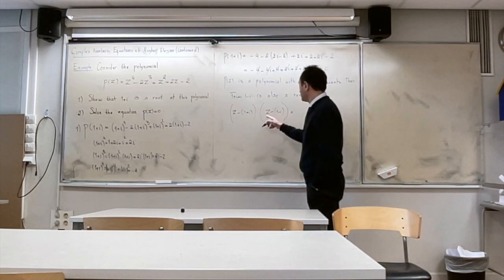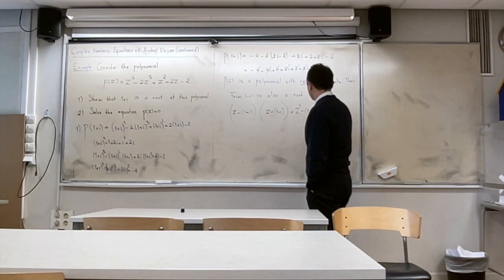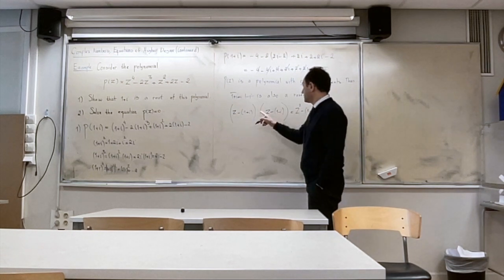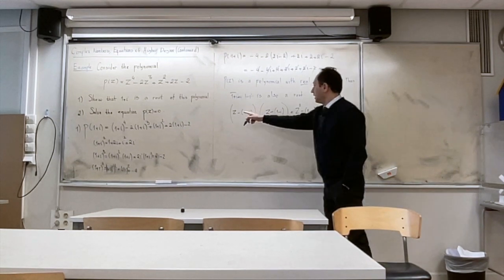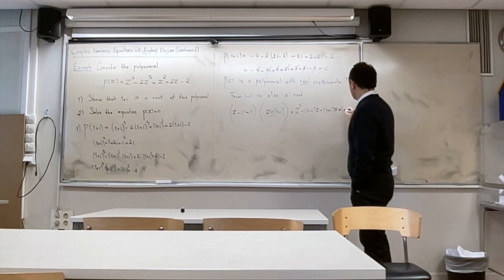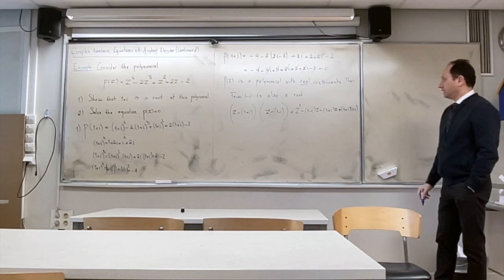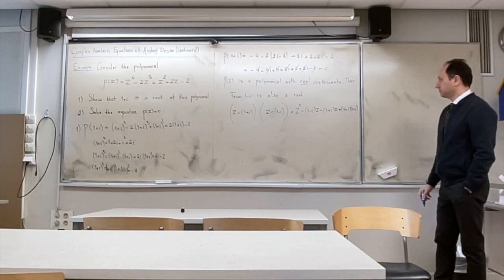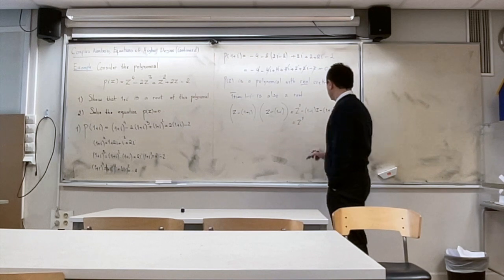So z times z is z squared. Z times this number is minus 1 times z. This times that. And then minus minus plus 1 plus i, 1 minus i. I have to simplify that. This becomes z squared.